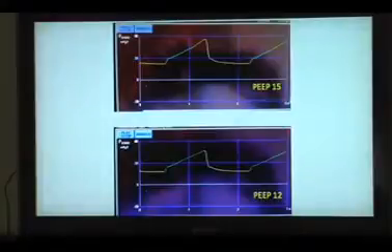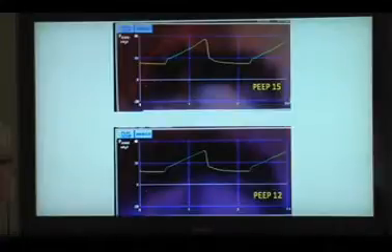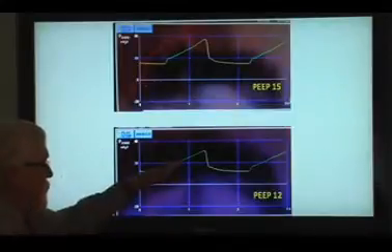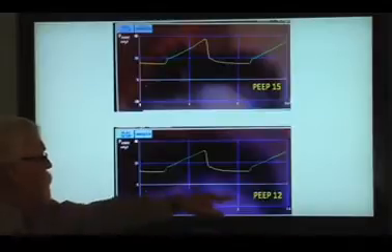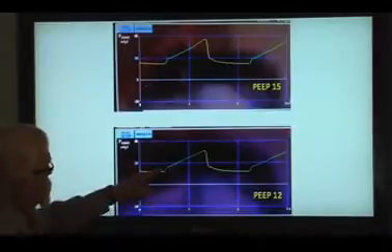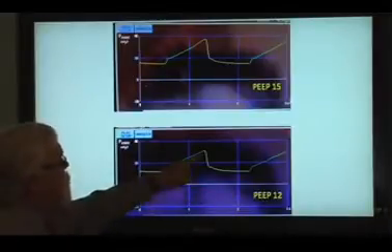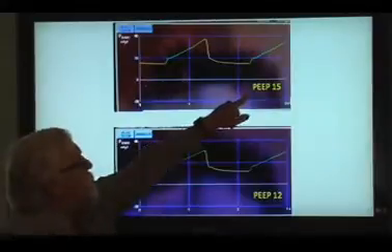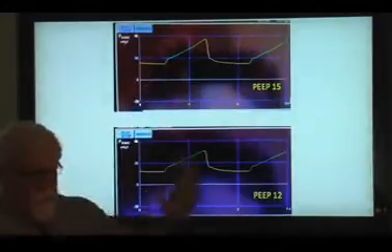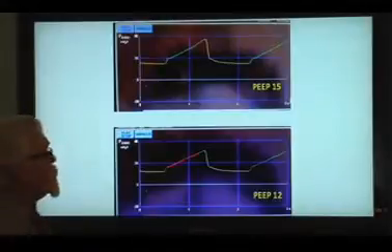This just illustrates that we can eyeball some of this right off the ventilator screen. Here's a patient, again up in the MICU a few years ago, who was on a PEEP of 12. You can see here the pressure-time relationship. When the PEEP is increased to 15, there's upward concavity suggesting overdistension.